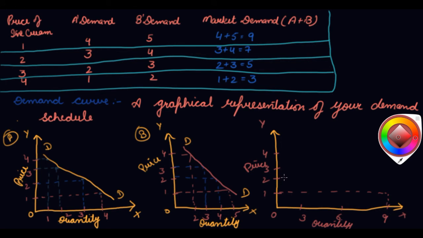At price 2, the quantity demanded is somewhere here, 7. At price 3, quantity demanded is somewhere here, 5. At price 4, the quantity demanded is 3, somewhere here. So this is your demand curve.